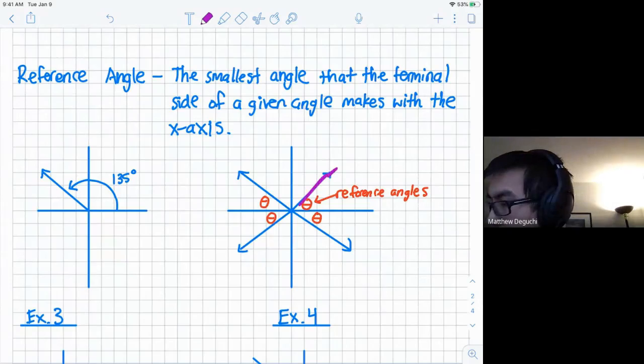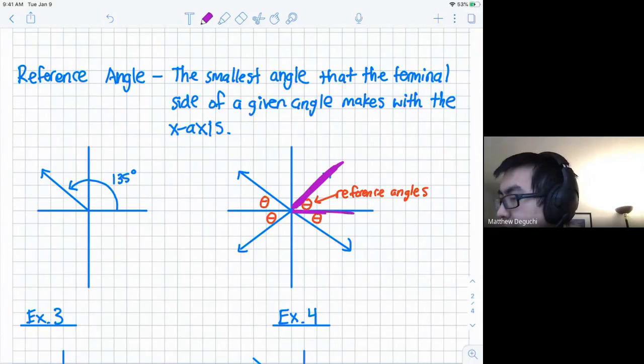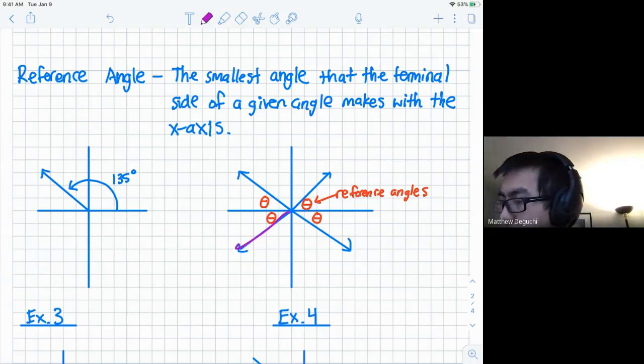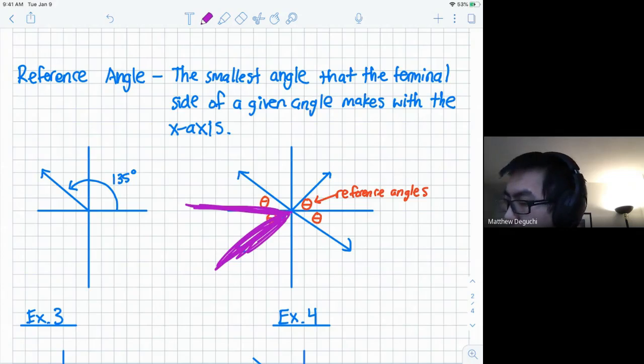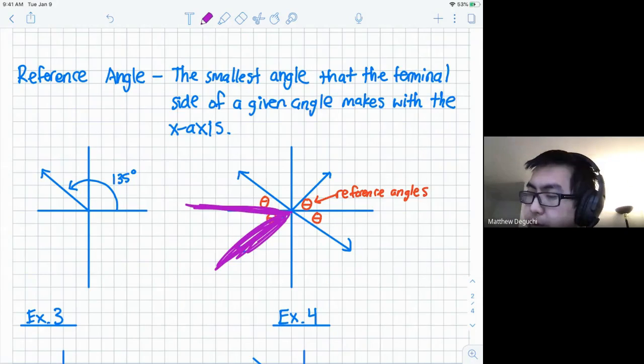If this was the terminal side, and you were to locate the x-axis, you would be talking about this reference angle. If you're given this terminal side, and it's the angle made by the x-axis, the angle would be this one. Depending on the terminal side will dictate which reference angle you are talking about.